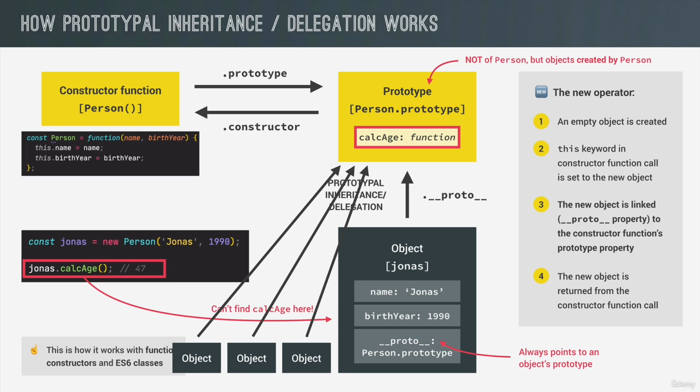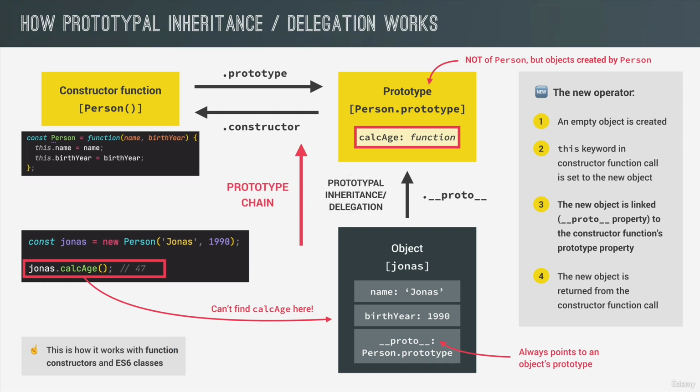Now, the fact that Jonas is connected to a prototype and the ability of looking up methods and properties in a prototype is what we call the prototype chain. So the Jonas object and its prototype basically form a prototype chain. But actually, the prototype chain does not end here.